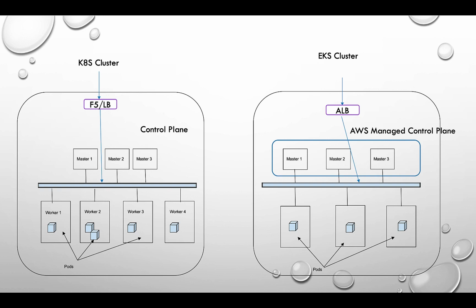And ideally, you should never be logging in to any of the worker nodes, and logging in to management nodes is anyway not allowed, because the only way to access the cluster is using the kubectl command, which is run from outside the cluster. It could be running on a bastion host in a public subnet, where you can log in, and then you can access the cluster using the kubeconfig file, which will have the details.